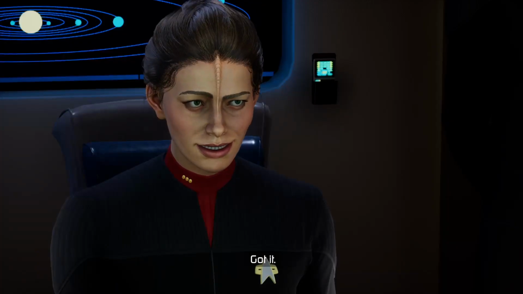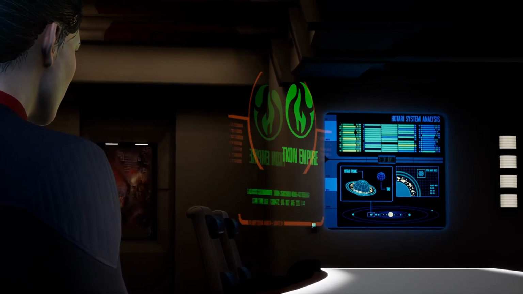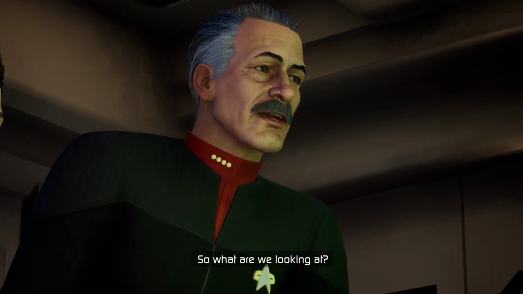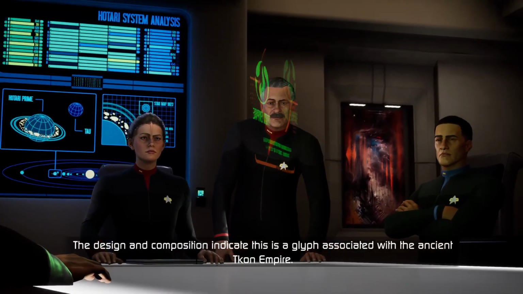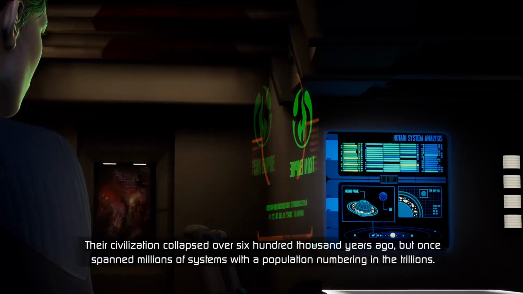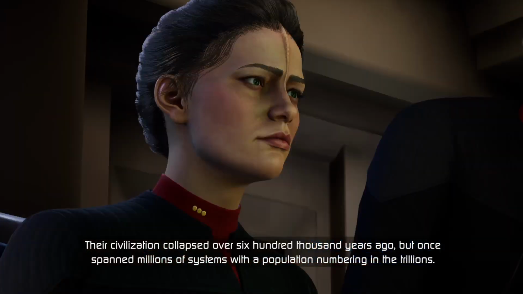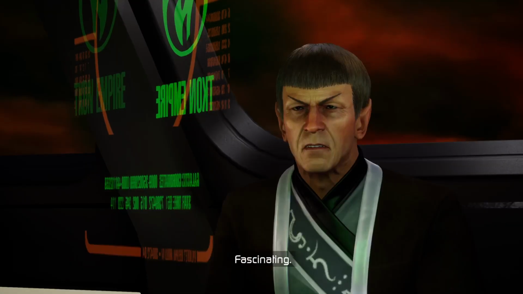99.2% match. Got it. Titan Empire. So, what are we looking at? The design and composition indicates this is a glyph associated with the ancient Khan Empire. Their civilization collapsed over 600,000 years ago, but once spanned millions of systems with a population numbering in trillions.